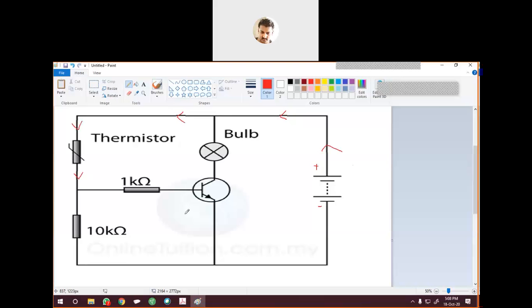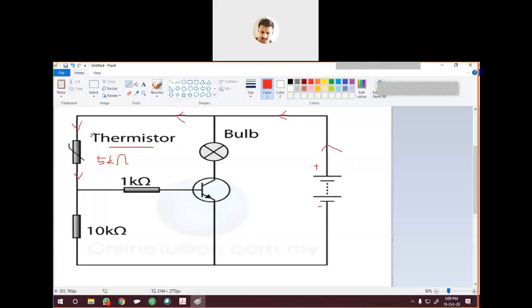Now the reason why they have a thermistor is because the thermistor decides how much resistance is in a circuit. Let's say the thermistor has 5 kilo ohm. Remember, this resistance has to be lower than this resistance.